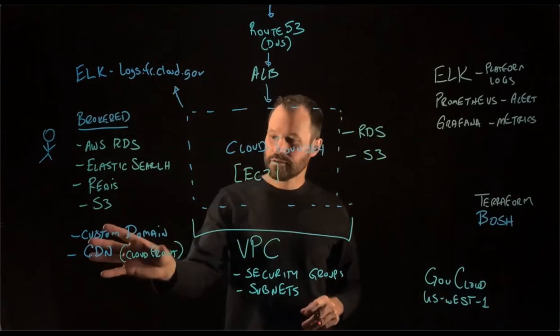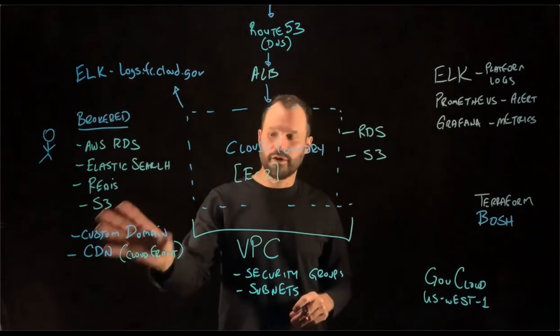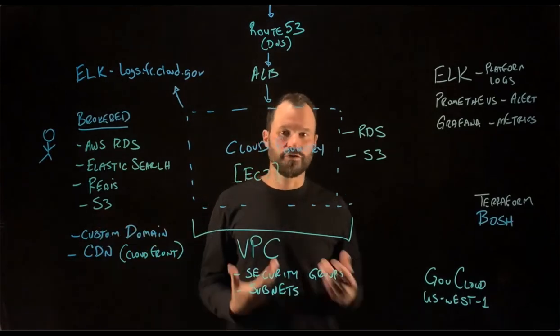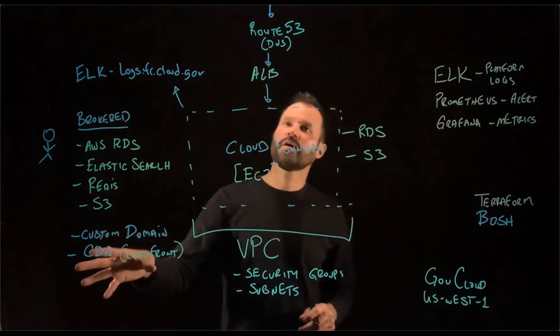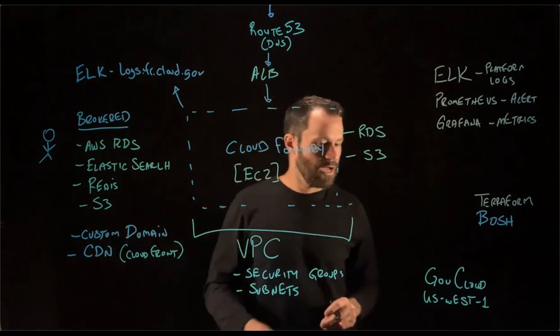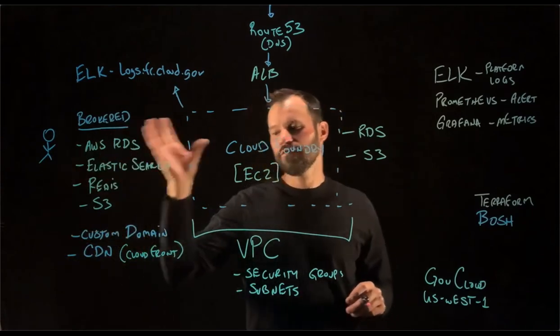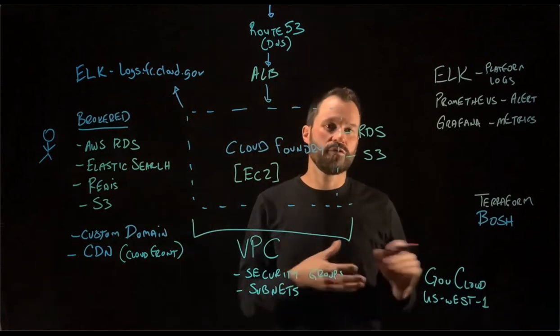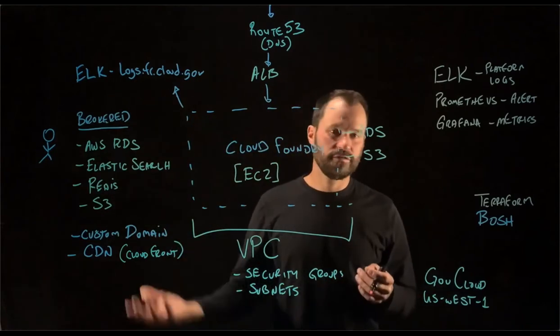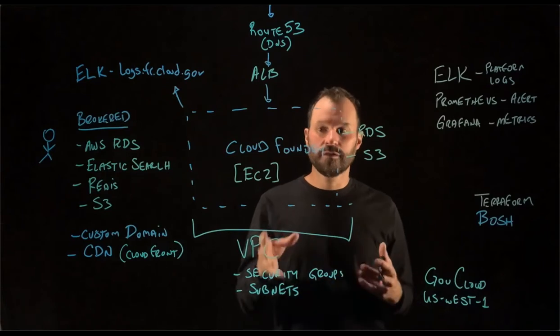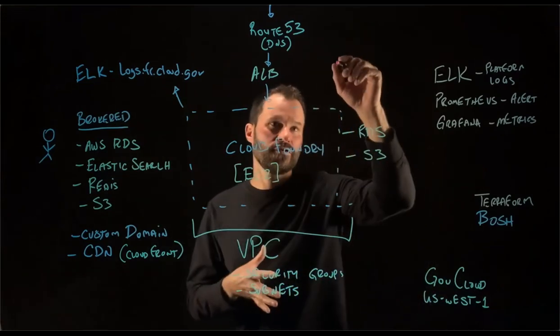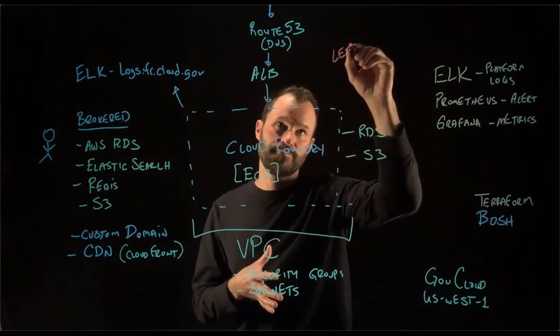Now, to round out the picture of what else these two services in particular use, there is another third party that is not Amazon that we rely on to allow you to bring your domains, whether it's a custom domain or a CDN, to cloud.gov easily. And that service is called Let's Encrypt.